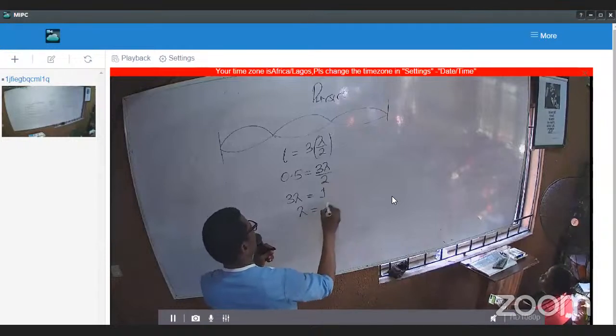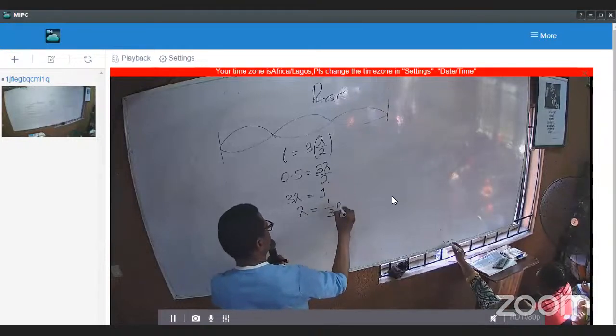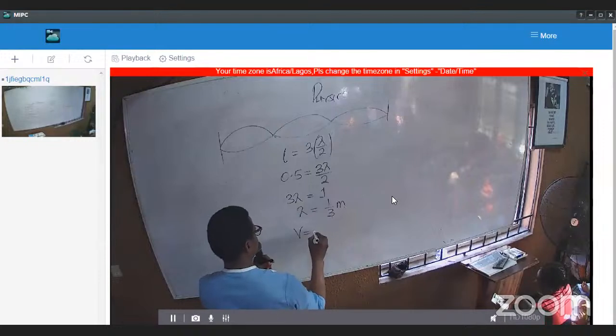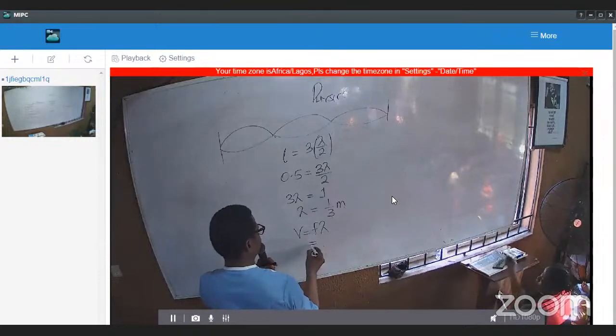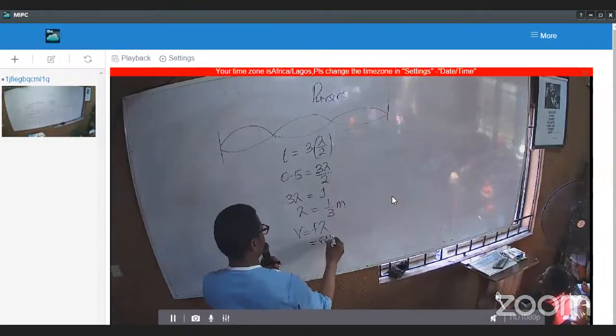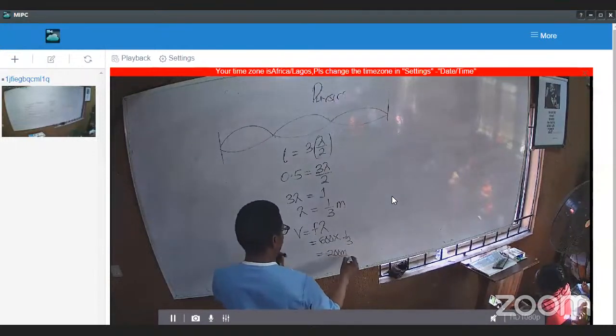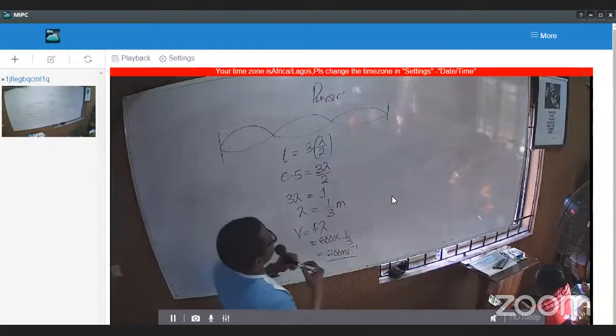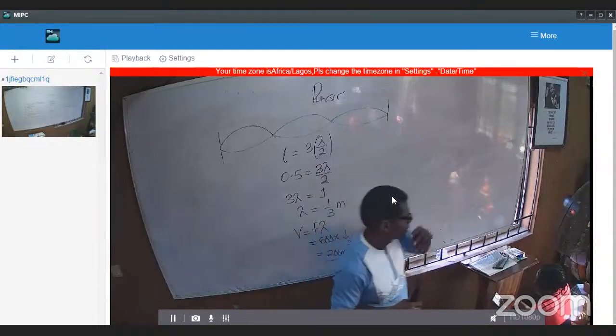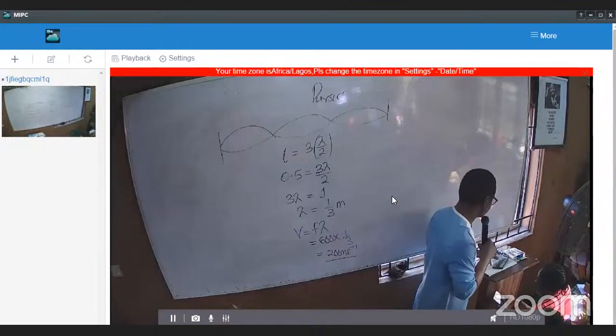So lambda will now be 1 over 3 meter. V is f lambda. What's the F they gave you? 600. So the answer is 200 meters per second.